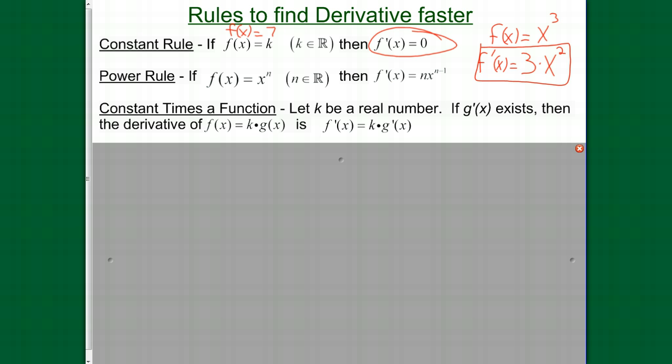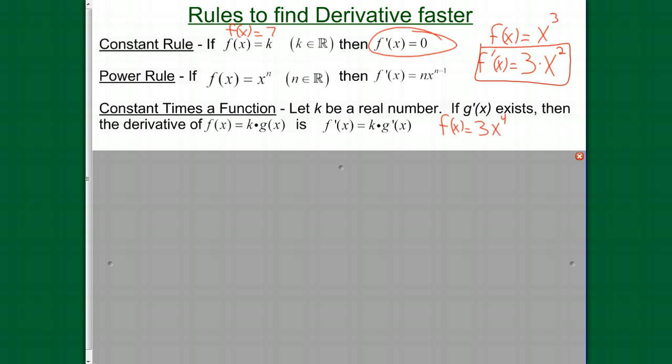All right, a little bit of a combination. Well, actually, no, it's not a combination, but constant times a function. So what we're looking at is where we got f of x equals something like 3x to the 4th. So there's that constant of 3 out in front.